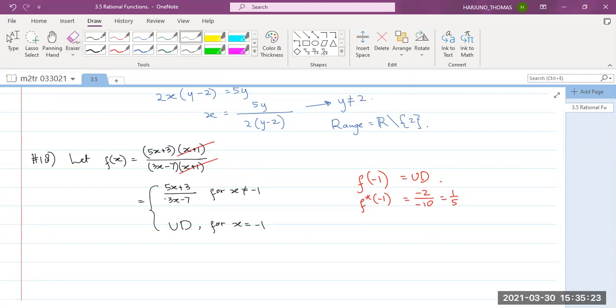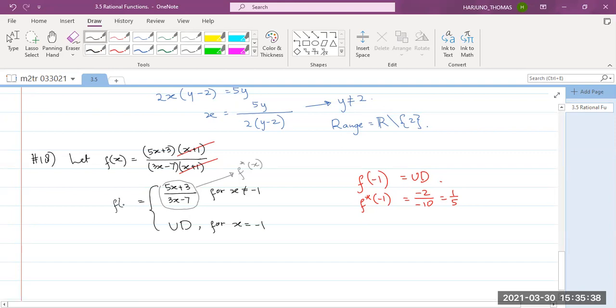Let me circle that again and call this f star x. They are not exactly the same function. f(x) and f star x are the same only when x is not equal to -1.